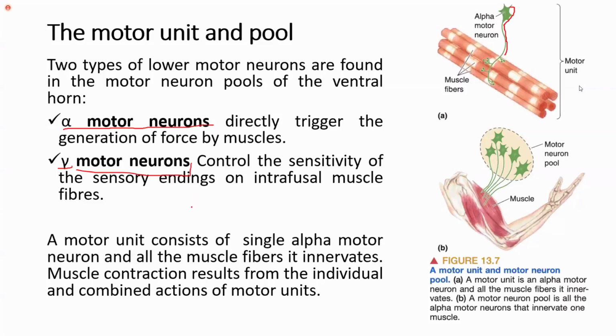These basically work in a way that increases or decreases the sensitivity of the sensory neurons, as we will see in a second. So what we need to be concerned about at this moment is that the motor neuron that is directly contracting the muscle cell is the alpha motor neuron.